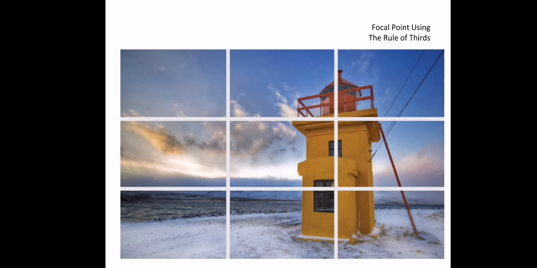And once you start looking around, you will see there are loads and loads of examples of great photography that use the rule of thirds. So just type rule of thirds into Google, and you will see lots and lots of photos that use it. The rule doesn't have to be used all the time. Rules are there to be broken, but as a rule of thumb, this is a good one to know about, the rule of thirds.